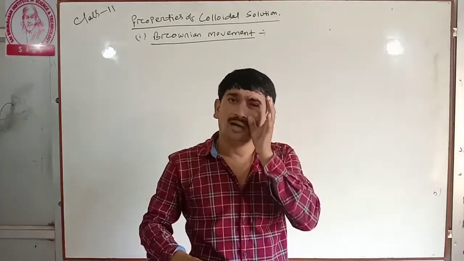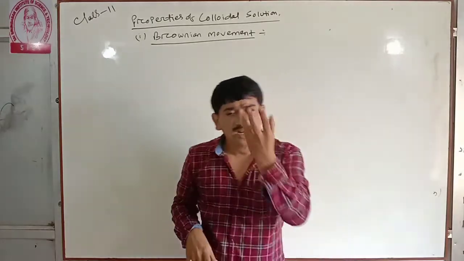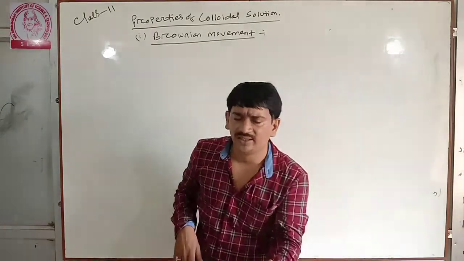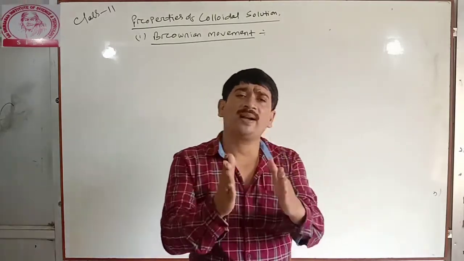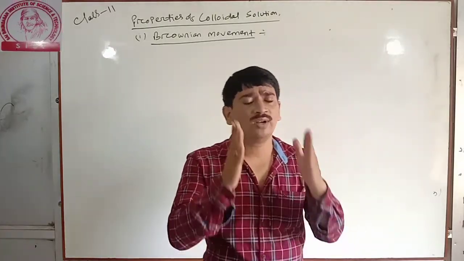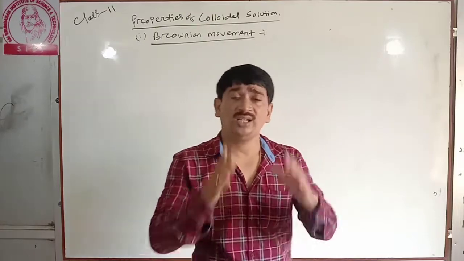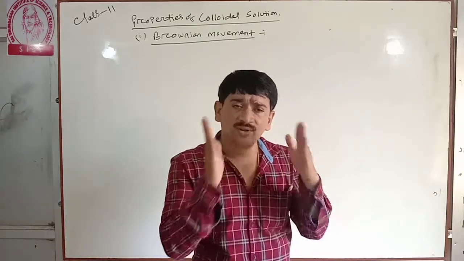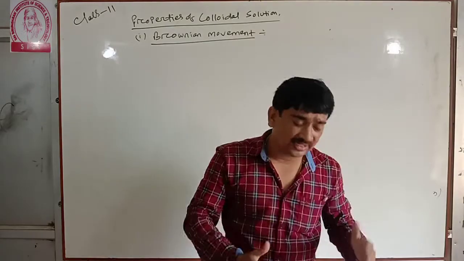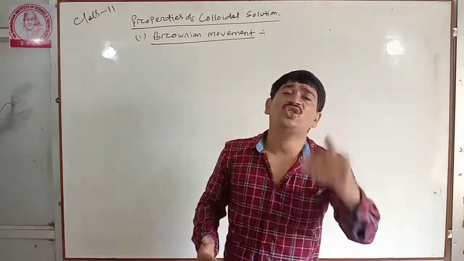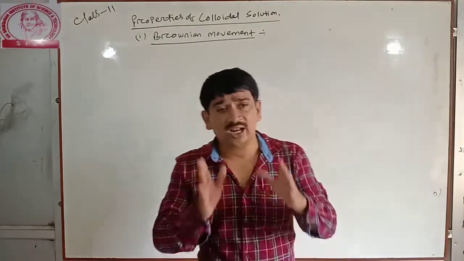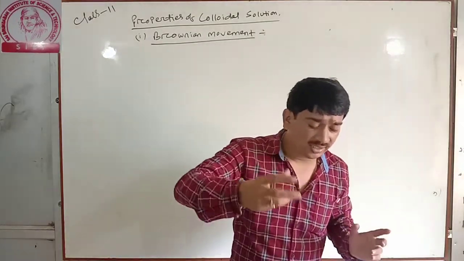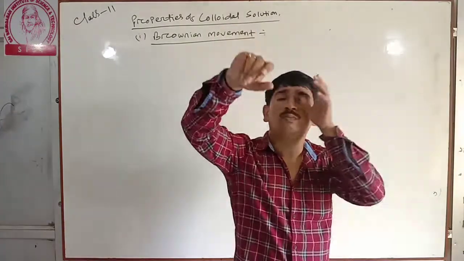Clear? So when a colloidal solution is examined under a microscope, we will observe that colloidal particles are in a state of zigzag motion. The continuous rapid zigzag motion of the colloidal particles in the dispersion medium is called Brownian movement. So you will get the question, what is Brownian movement and what are the causes of Brownian movement?